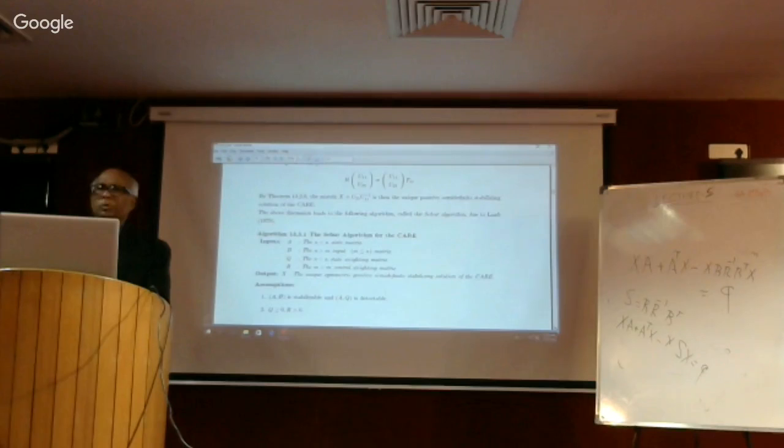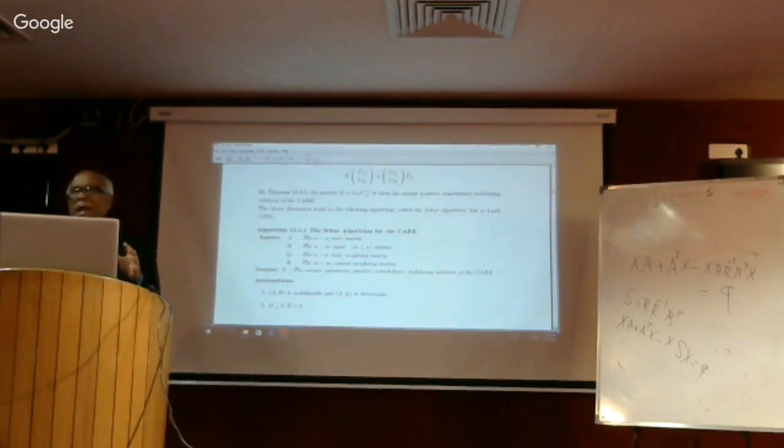For most practical purposes, you don't need that. But for solving the Riccati equation, you need the eigenvalues of the Hamiltonian matrix to appear in a certain order.